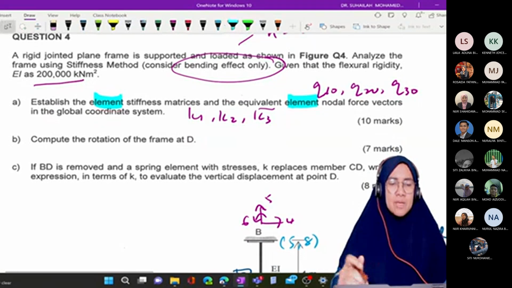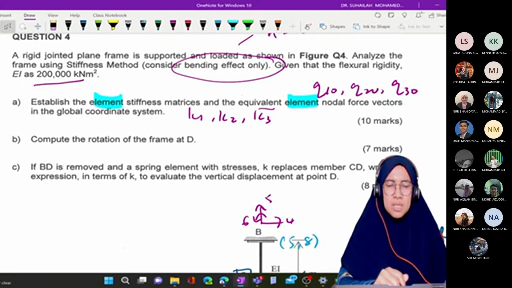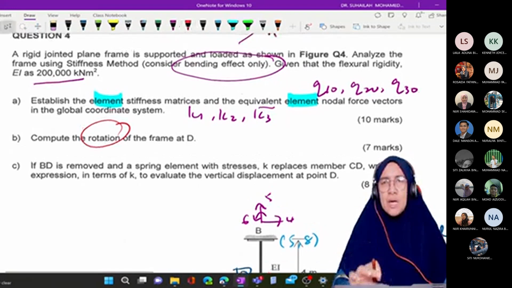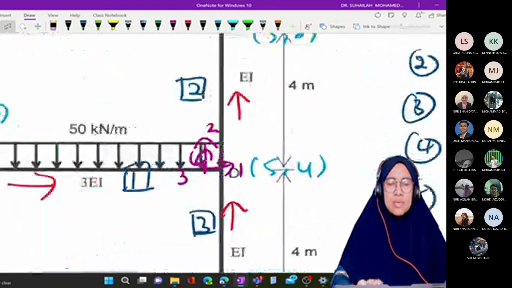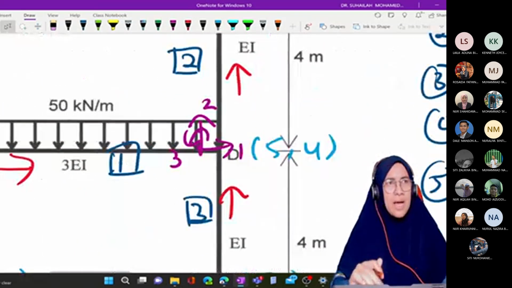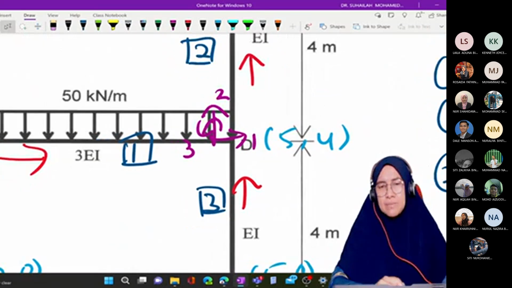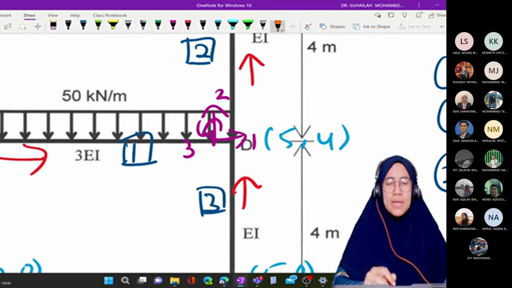After that, the next question is to compute the rotation. Rotation means unknown displacement, located in the unconstrained system, which will be D3.